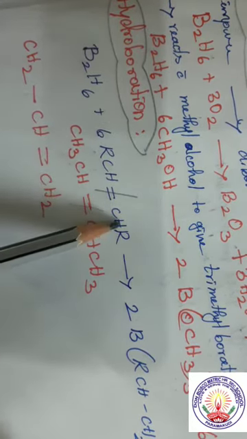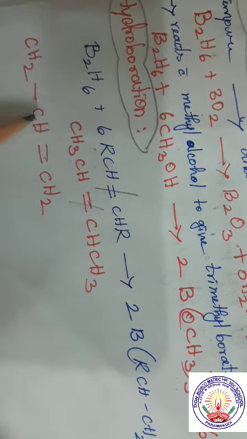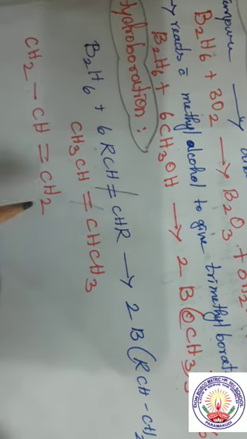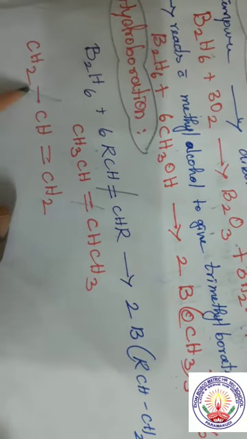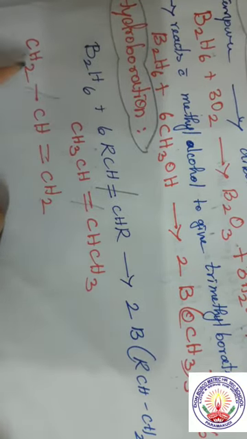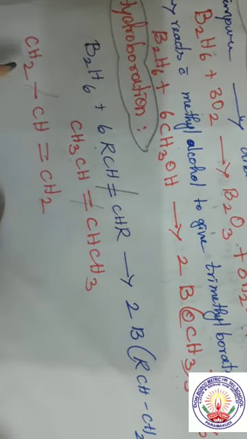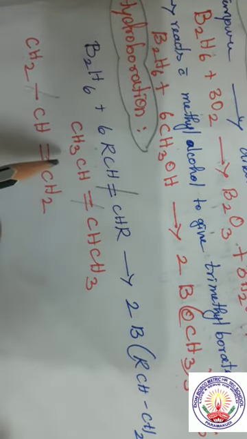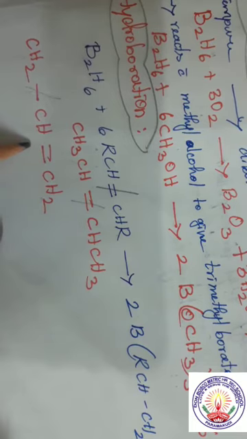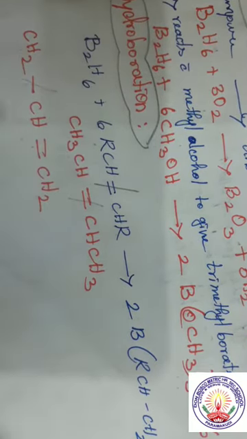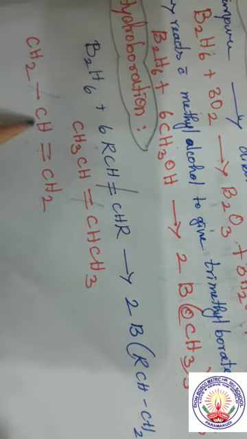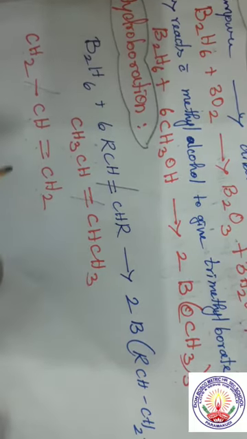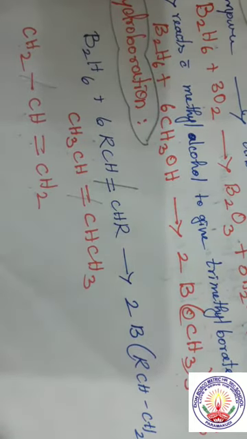That is CH2, single bond, CH, double bond, CH2. If you break here, this is uneven, unsymmetrical. Here we have 2 hydrogens, but here we have 1 hydrogen. Suppose if you break here, this is also uneven. Here we have 1 hydrogen, here we have 2 hydrogens. So it is unsymmetrical.